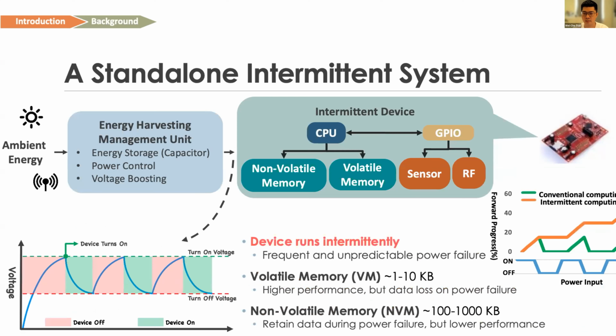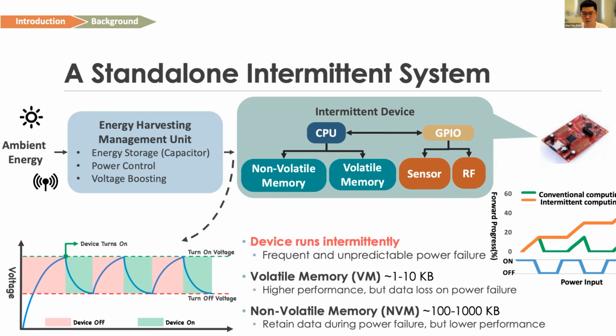An intermittent system usually has an energy harvesting unit which buffers the ambient energy into the energy storage that can support system operation for a short period of time. As shown in the figure below, the stored energy is discharged when the system is turned on and is charged when the system is turned off. There are other essential hardware components.